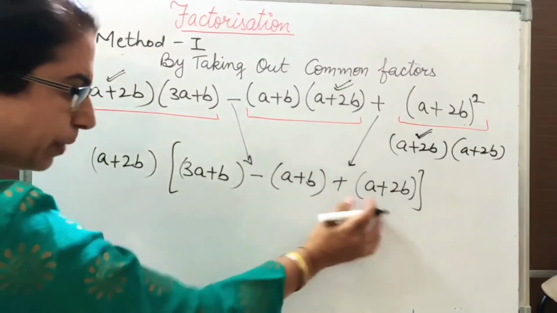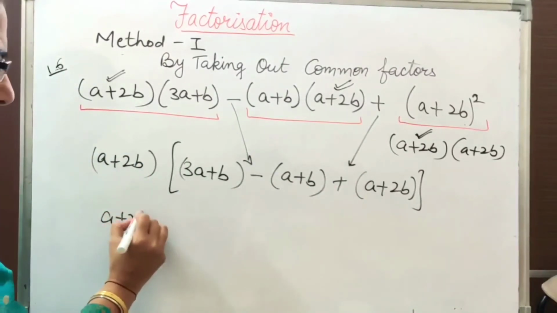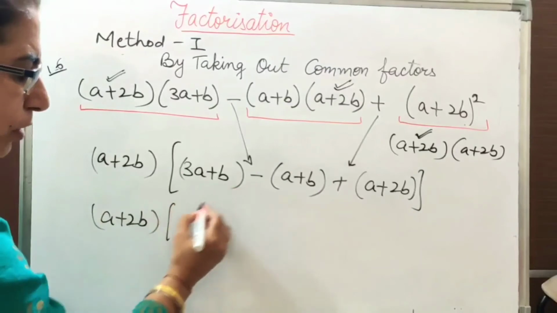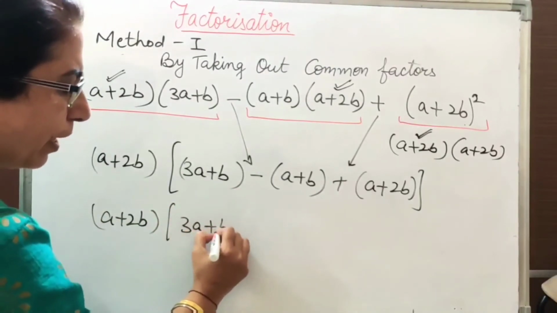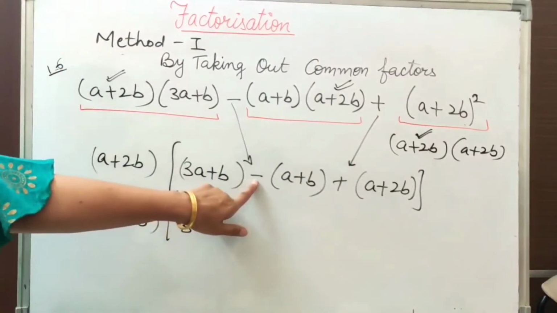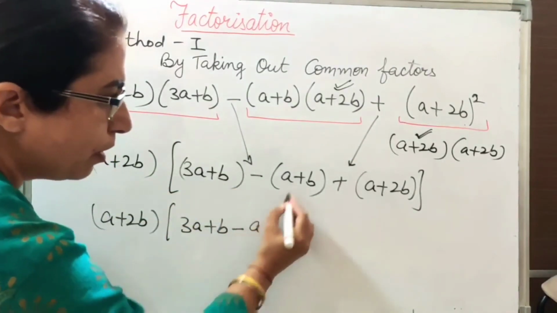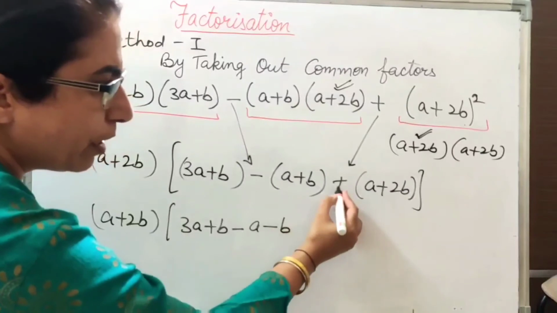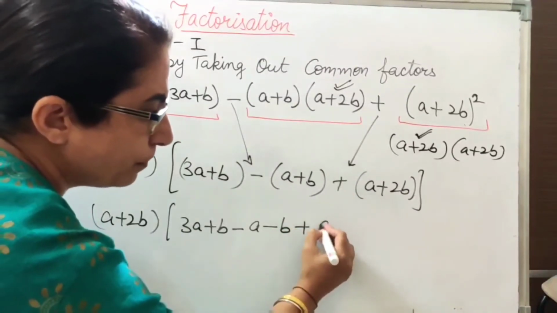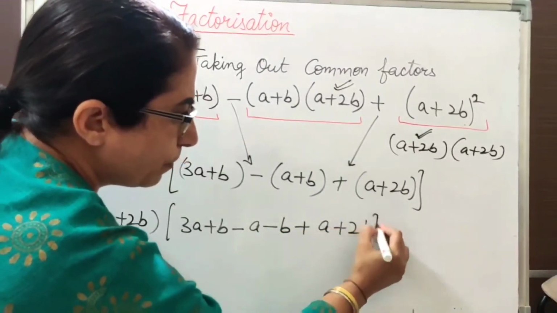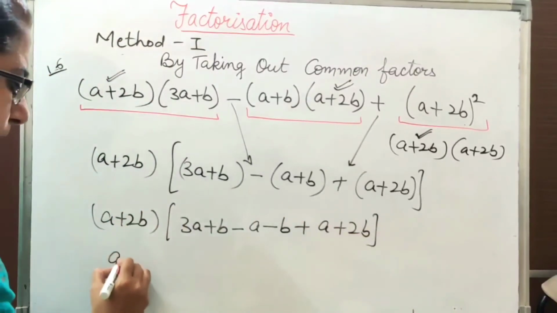Now we can solve these brackets. A plus 2b, remove the small brackets, and then we will collect the like terms. Here there is a minus sign, that is why we will change the sign of these terms. It becomes minus a, plus b becomes minus b. Here plus sign, no need to change the sign, plus a plus 2b. Now we collect the like terms.